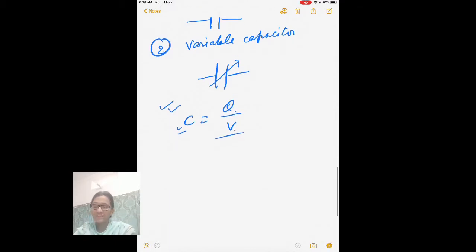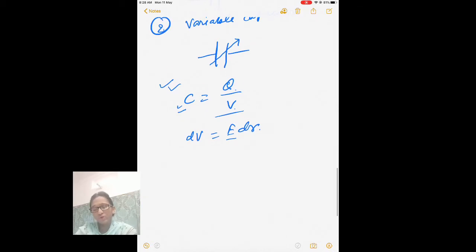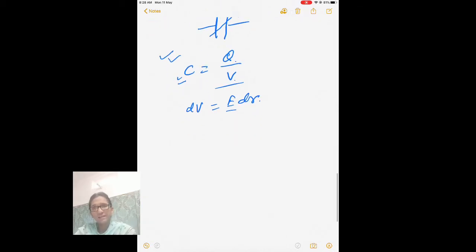It is very essential because we know that potential difference is somehow related to electric field. So if electric field is increased, your potential also is increased. But for insulators, for dielectrics like air, electric field has certain limit.